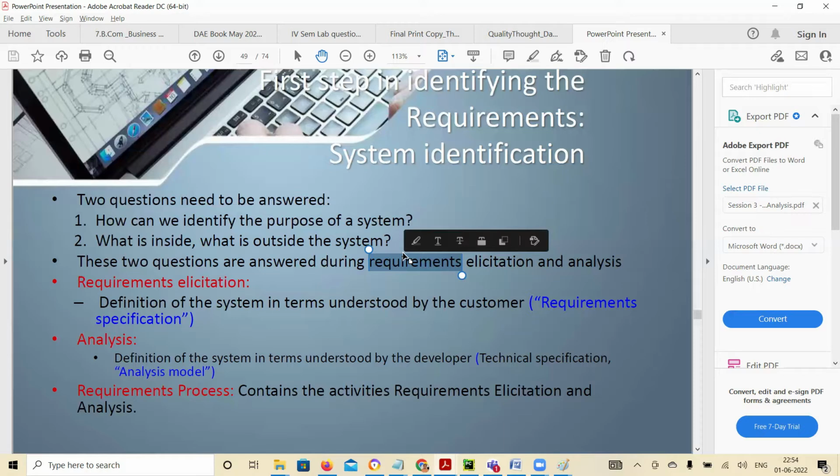All those email communications which happened in the last few days, right? All those things should be available so that as a CRM or account manager, you can go and understand everything. So that's called a CRM solution. So definition in terms understood by the customer. Customer is who? The stakeholders, isn't it?